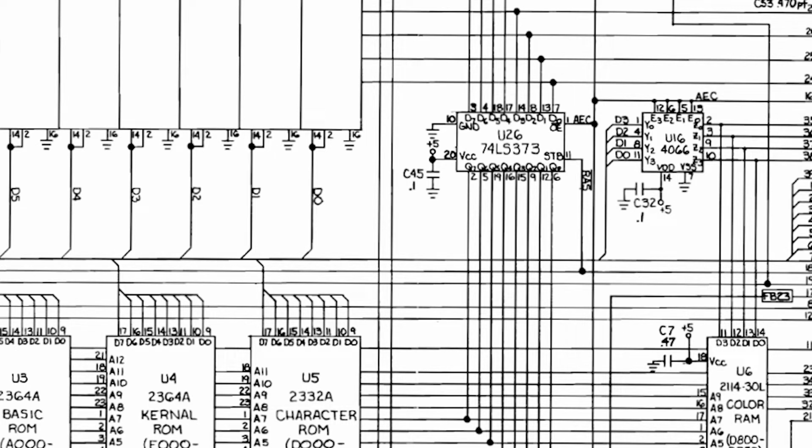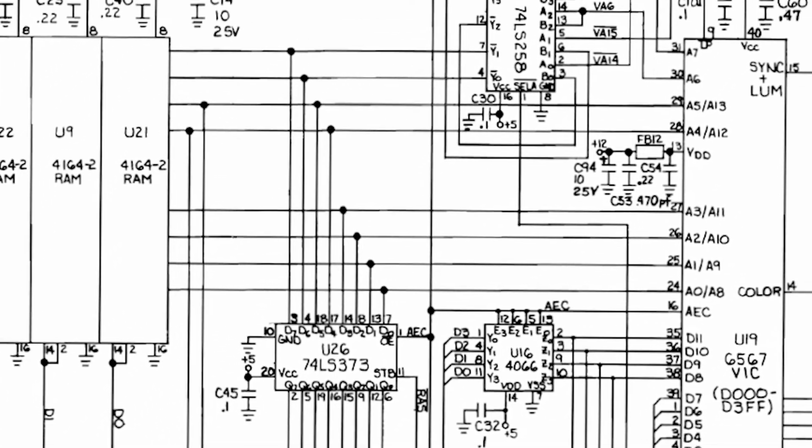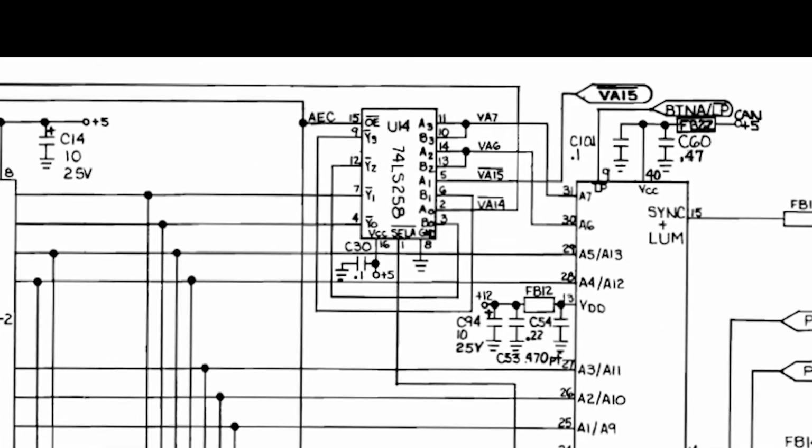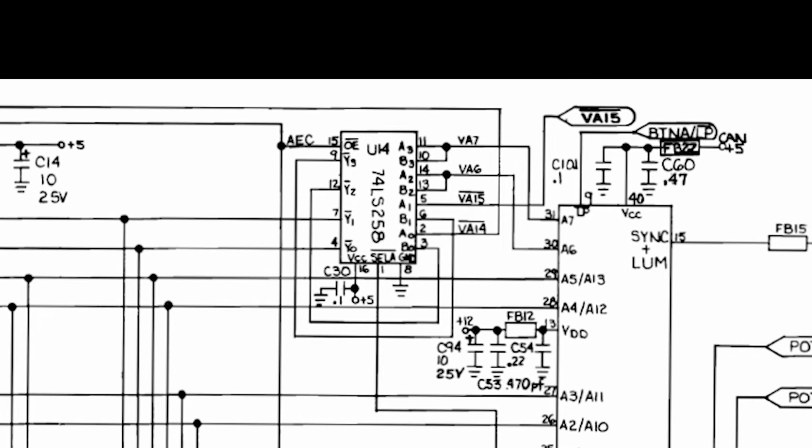So I think it's time to continue our investigation and see what's beyond U26. Now, among other things, I see that following address line 6, I end up in U14, which is a 74LS258. And I think I would like to take a look at that.